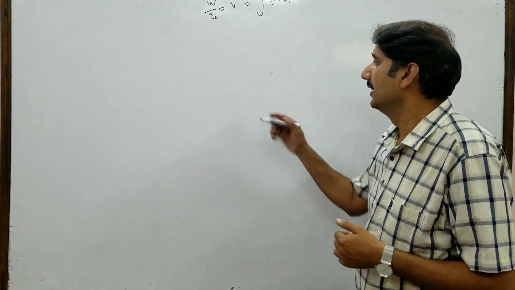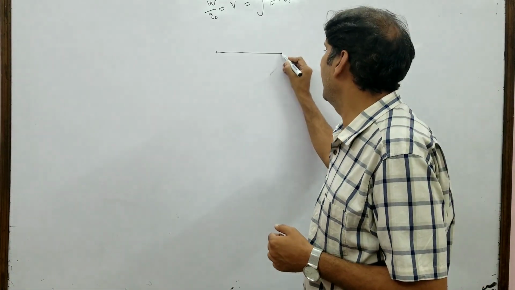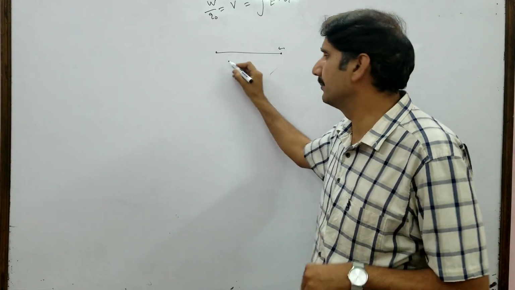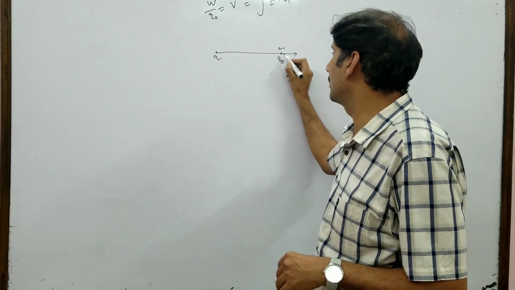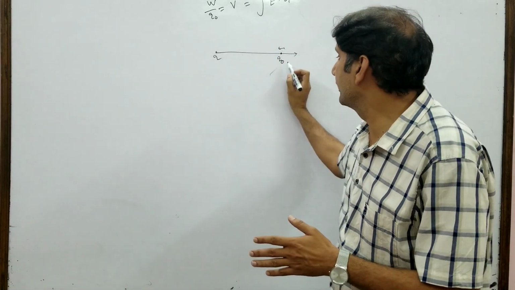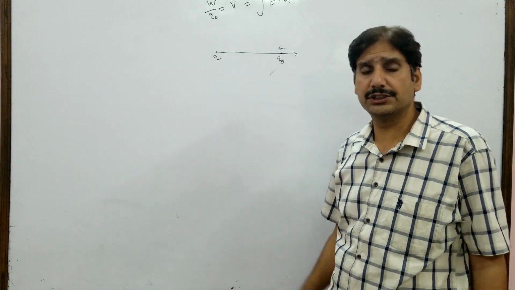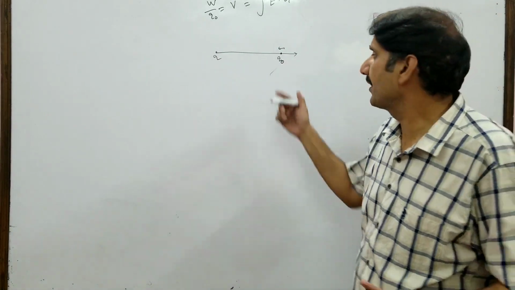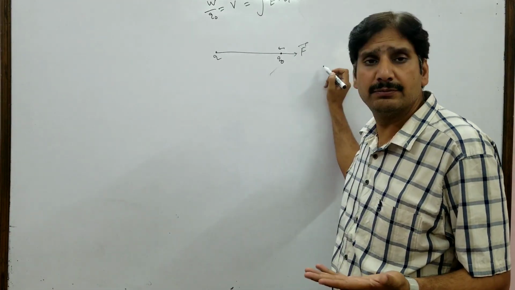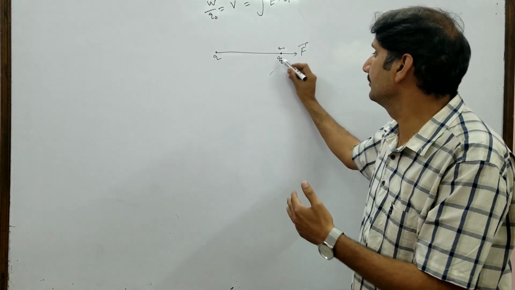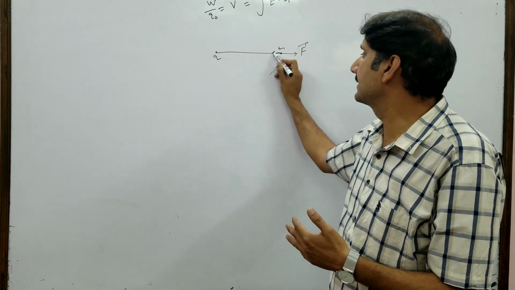Let's see. Consider a charge being pushed across. I am assuming both the charges to be positive, and it is being pushed towards Q with a force of repulsion, acting away from this Q node in this direction, and the displacement is in this direction.